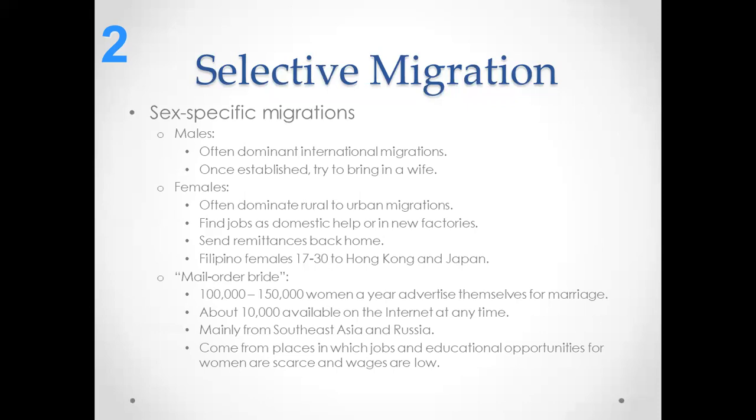Filipino females, 17 to 30, are always wanting to go to Hong Kong or Japan. Another issue here is the so-called mail order bride. Around 100,000 to 150,000 women a year advertise themselves for marriage.